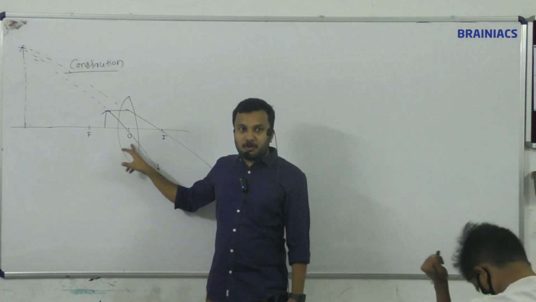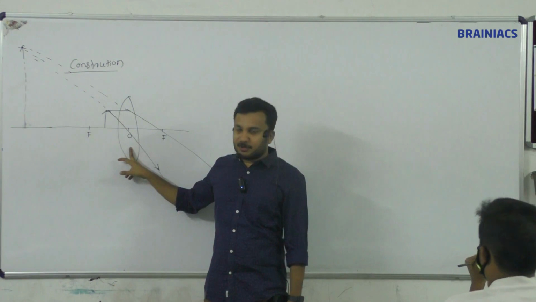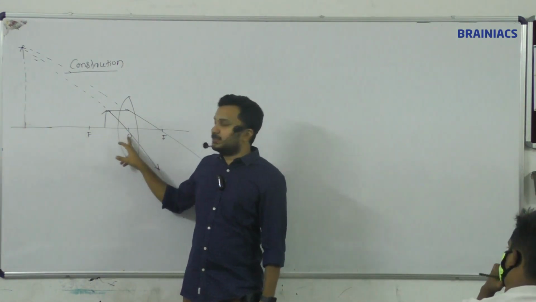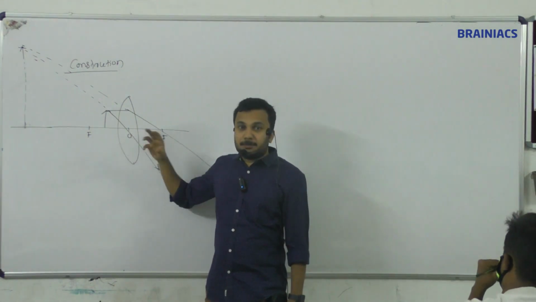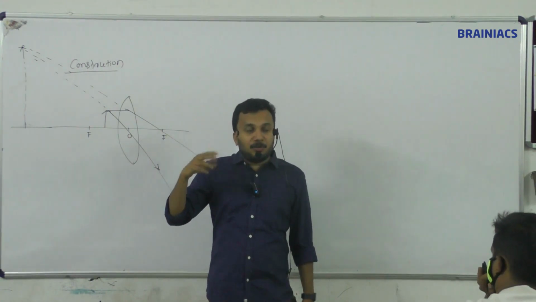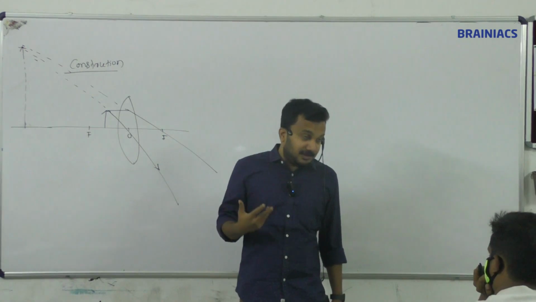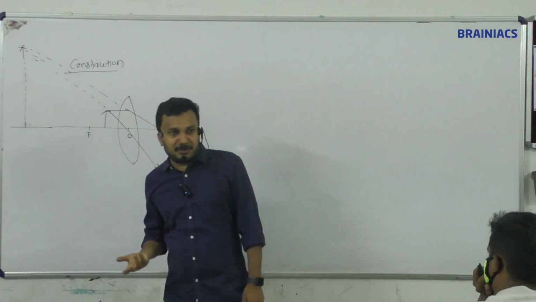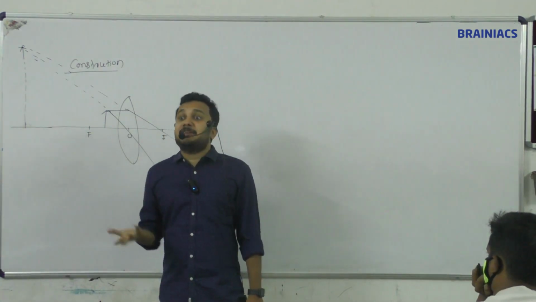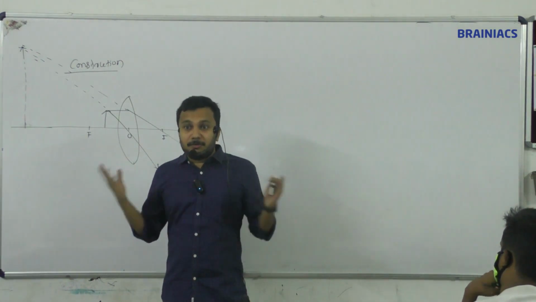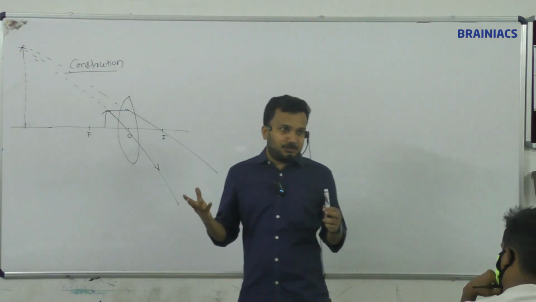You are using a convex lens, simple microscope. Object is placed between focus and optical center. So how can I say a microscope is a good microscope, or how can I say a microscope is a bad microscope? It depends upon its magnification power. Good magnification, I will say good microscope.